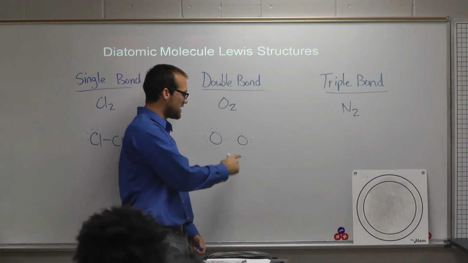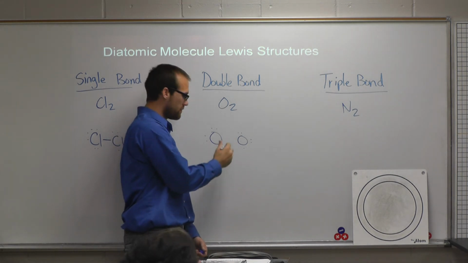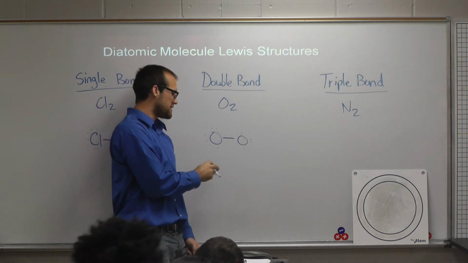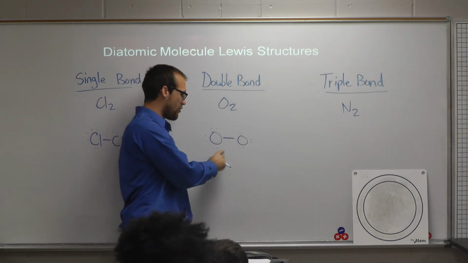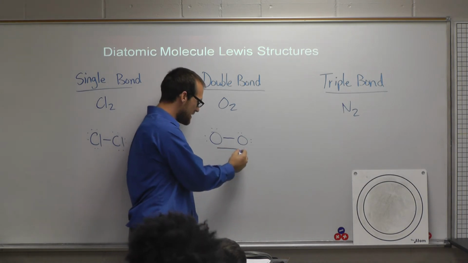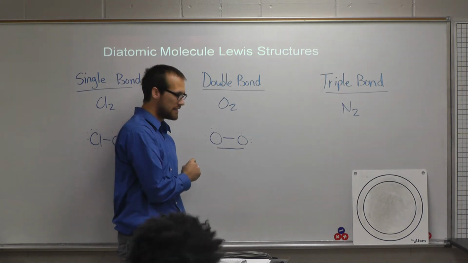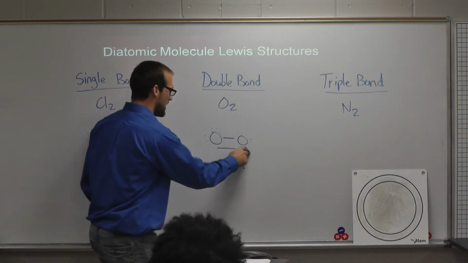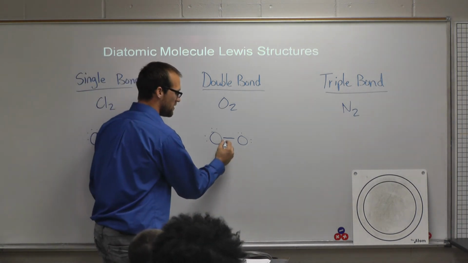So I'm just going to form the single bond first, 1 and 1. Now here's what a lot of people like to do. They like to take these 2 electrons, which are going to form the double bond, and go like this. Don't do that. Okay? Don't do that. Here's how you do it. They're shared in between the nuclei.